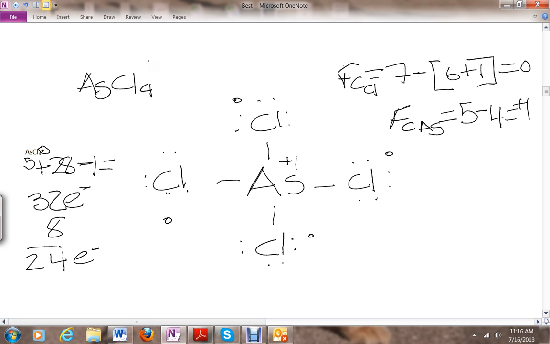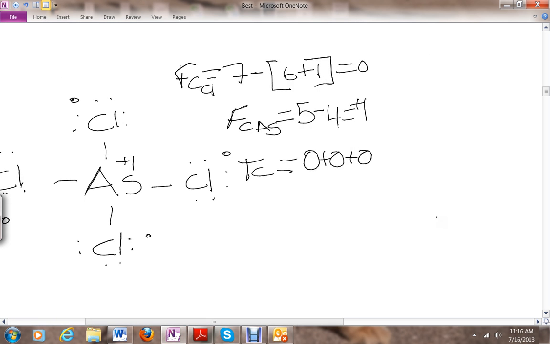AsCl4 plus 1. We can get to a 0 total charge, because the total charge would be equal to 0 plus 0, 4 times 0, 3, 4, and then you got 1 positive, it's going to be plus 1.